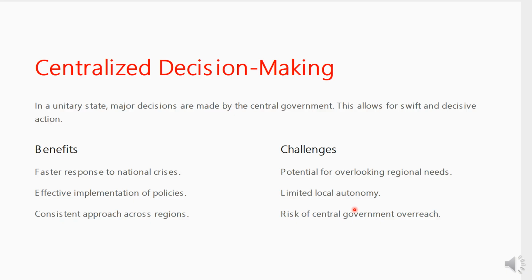It can lead to decisions that are disconnected from local needs and concerns. And it can increase the risk of errors as decisions are made by a limited number of individuals.